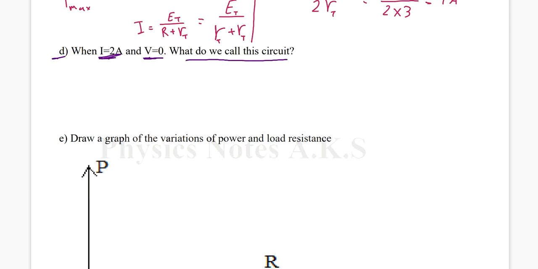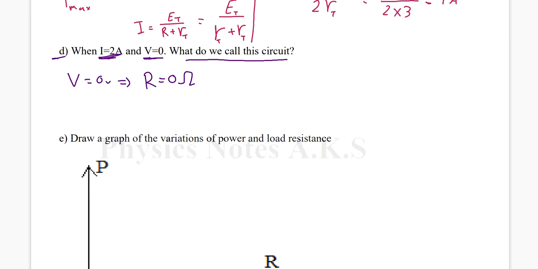Well, of course when I have the terminal voltage V equal to 0 volt, this means that the external resistance or the load is actually 0 ohm. In this case I have no load, no external resistance.